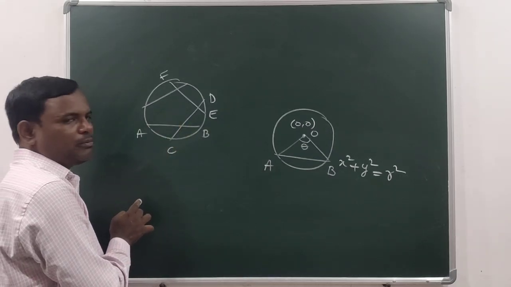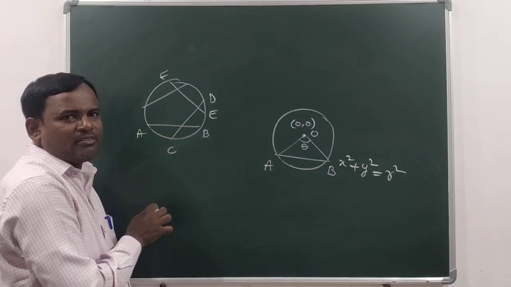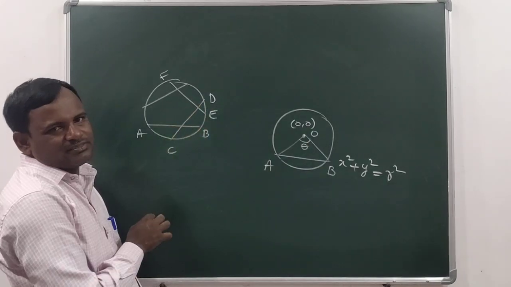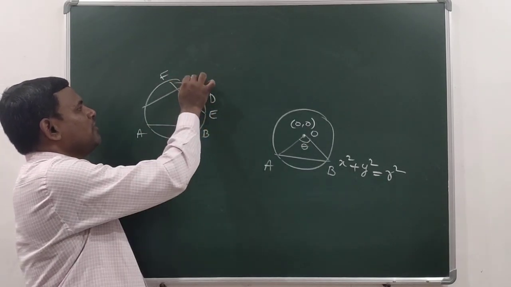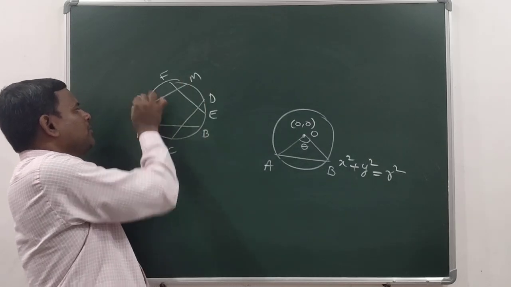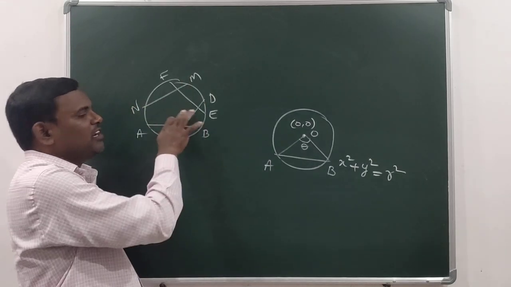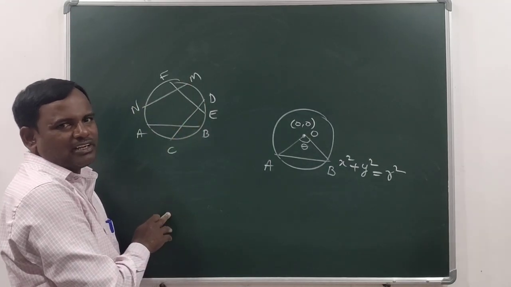Okay students, are you following me? So what I am doing here, I am drawing equal chords, A, B, C, D, E, F. If you want to take MN, many chords of equal length you can draw in the same circle.